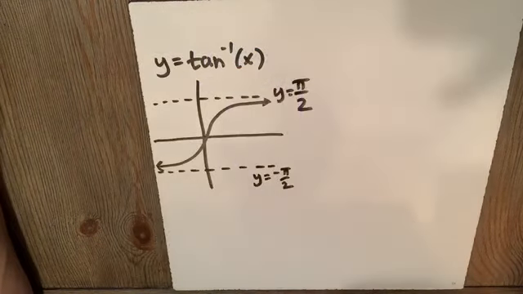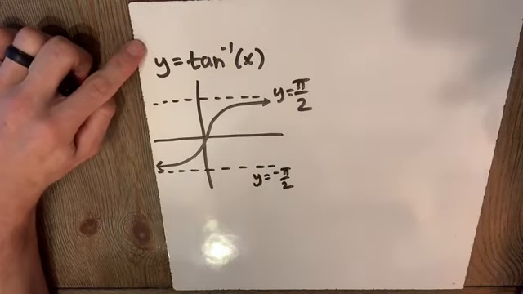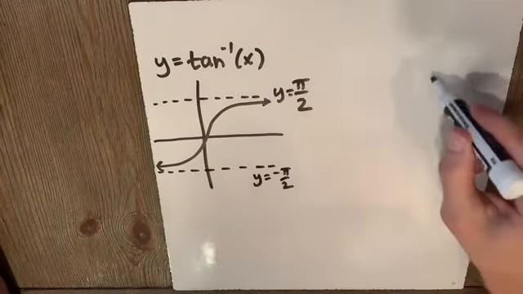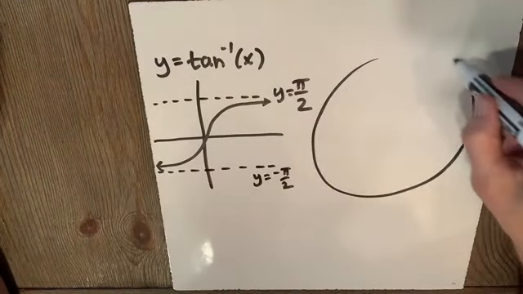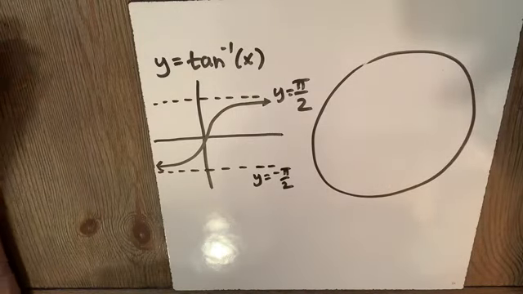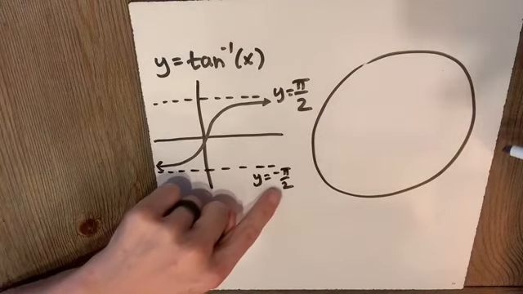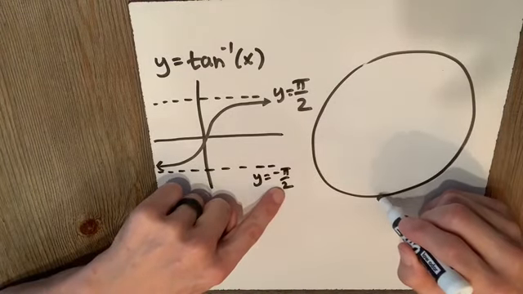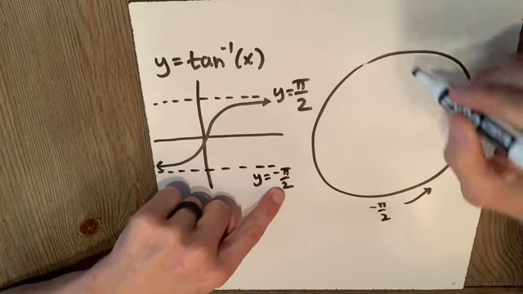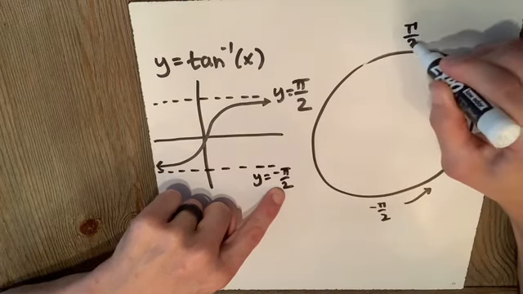So it's time to go from our inverse tangent function on an xy plane to the unit circle. We're talking about our output. Remember, when we're dealing with the inverse, the output is the angle. And it looks like our output goes from negative pi over 2 all the way up to pi over 2.